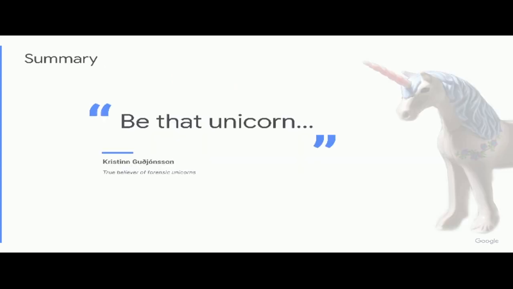All right, so to sum this up, if we wanted to have one thing after this talk to think about, it is that we want you to be the unicorn. You have the domain knowledge, right? You do forensics, you know all about that. That's what we do, that's our profession, that's our trade. You have that domain knowledge.